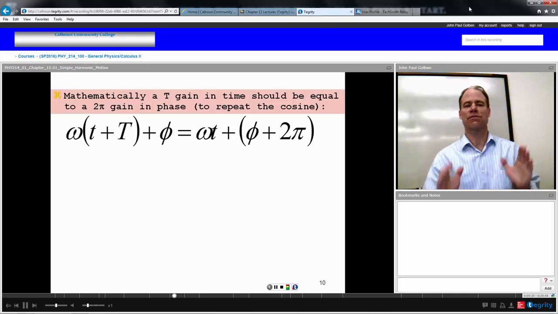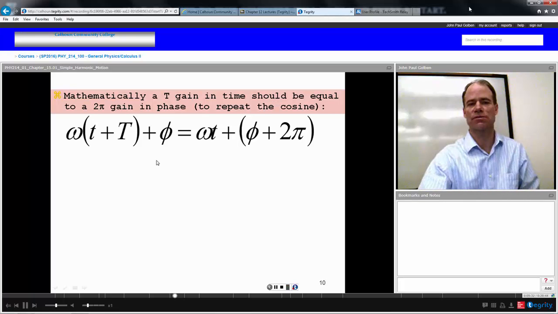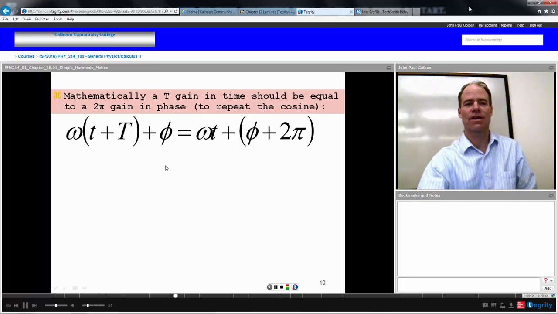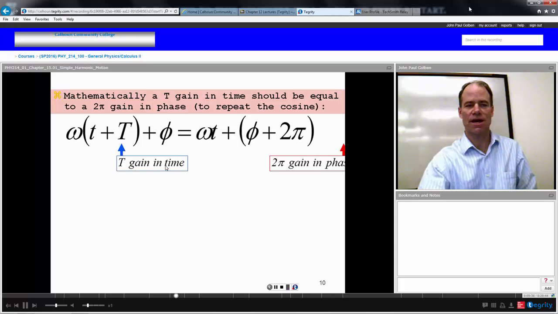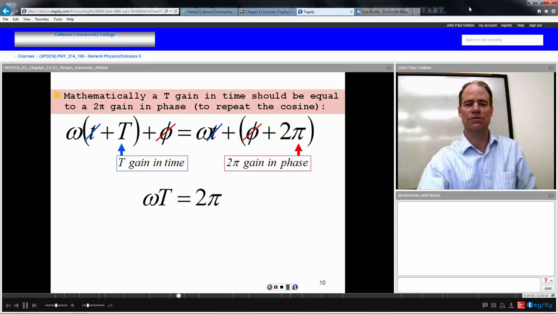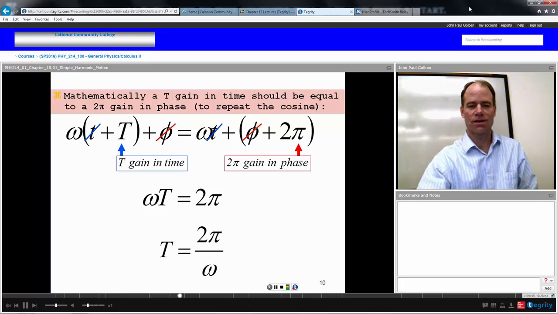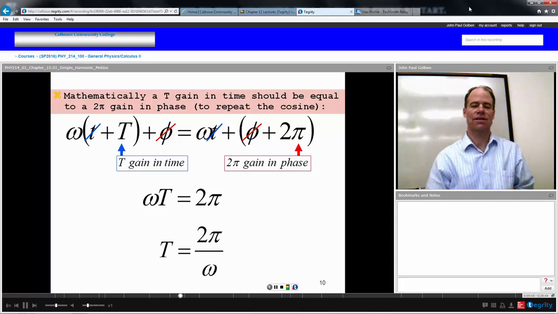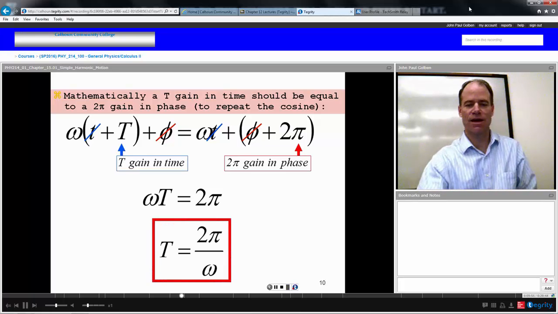So I should mathematically have this kind of expression right here. If I get rid of omega t on both sides, and get rid of a phase angle on both sides, I would have omega times the period is equal to 2 pi, or the period of repetition is equal to 2 pi divided by this omega value.